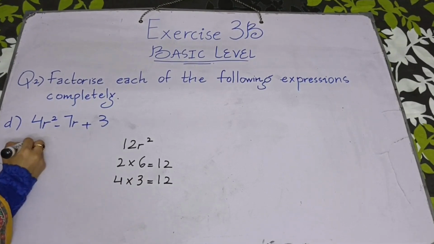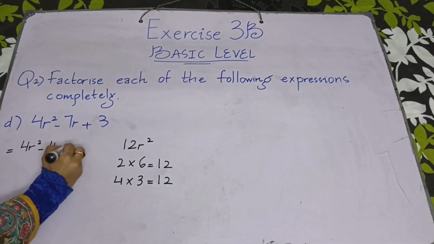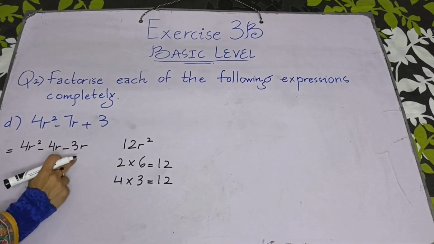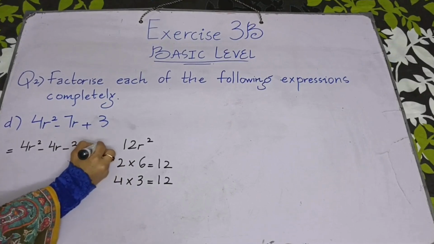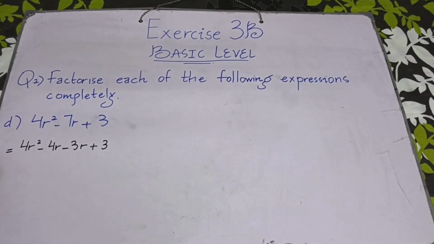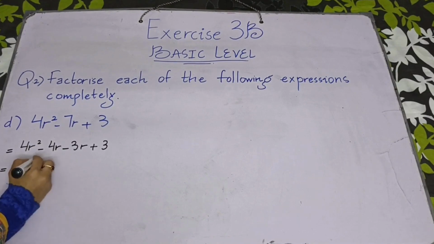4r square minus 4r minus 3r, because minus minus plus, 4 plus 3 is 7, and 4 multiplied by 3 is 12r square, plus 3. Again, the same strategy, we are going to take out the common. The common will be 4r, because in r square and r, the least power r will be common.